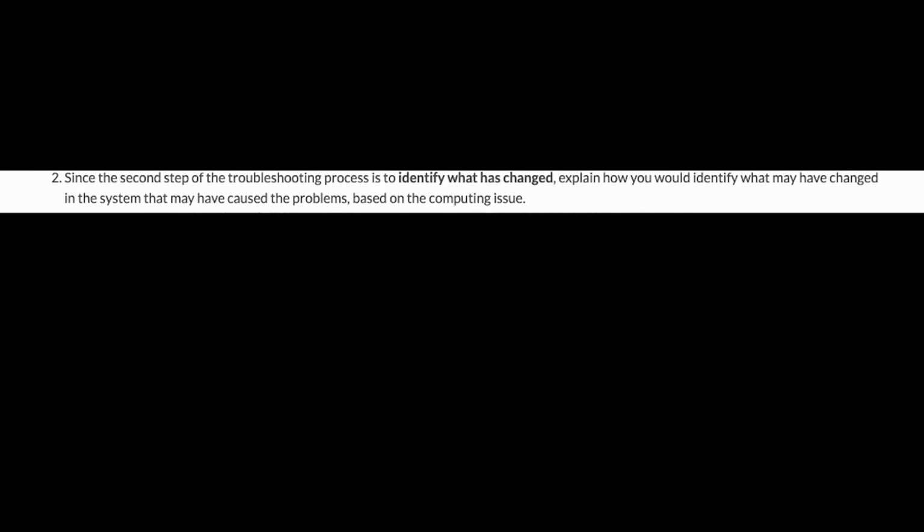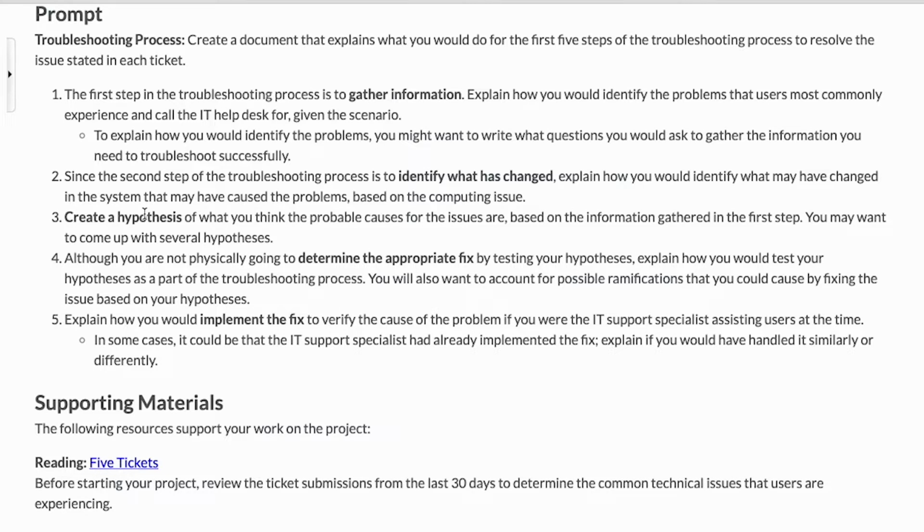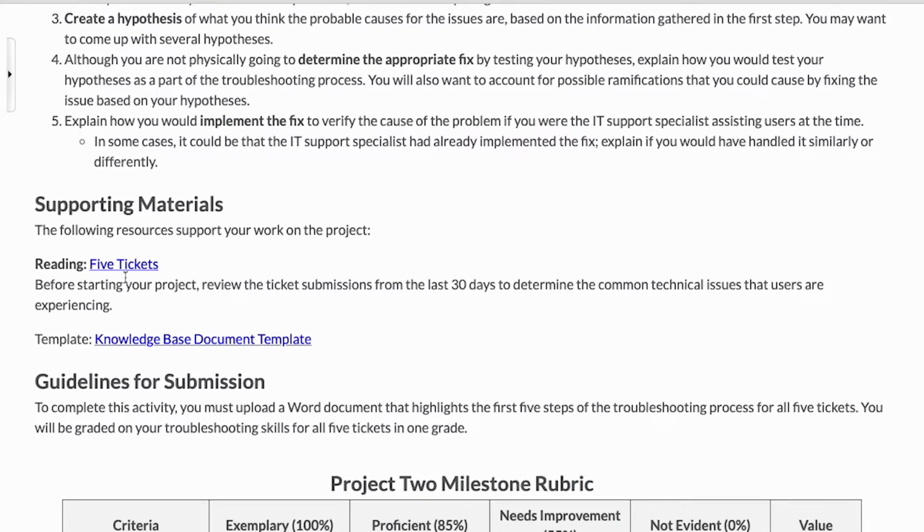Basically, on 5 different tickets, you're going to address the gathering information stage, identify what has changed, determine the fix, and how you're going to implement the fix. I apologize, I skipped over the create hypothesis portion. This is a separate document you will need to open, which gives you the 5 tickets, and each one obviously has a ticket number.